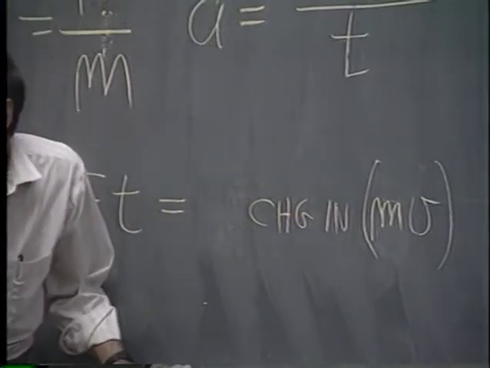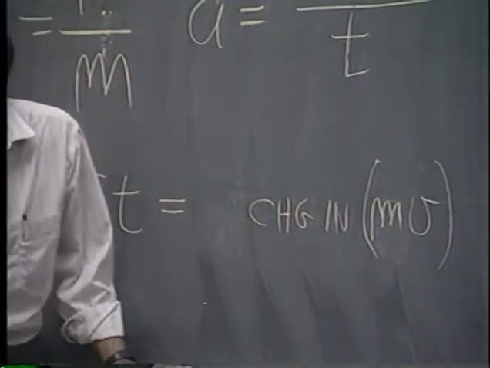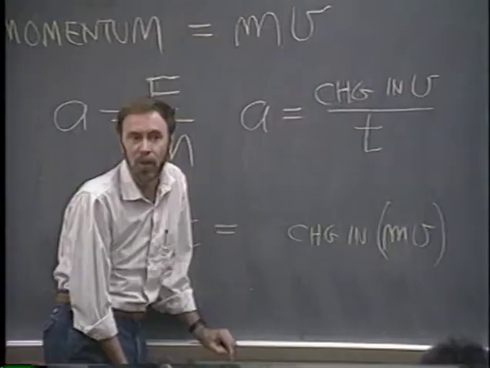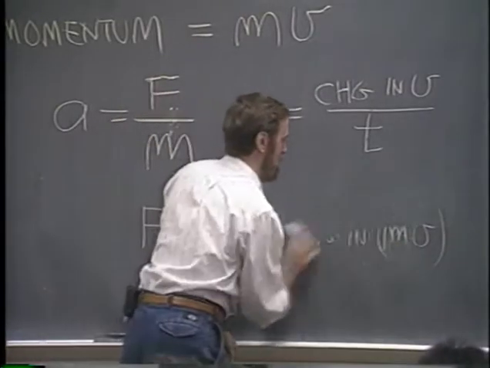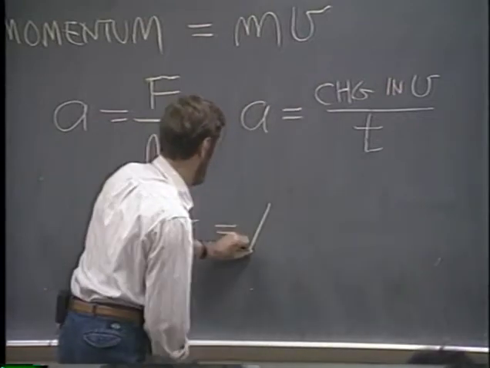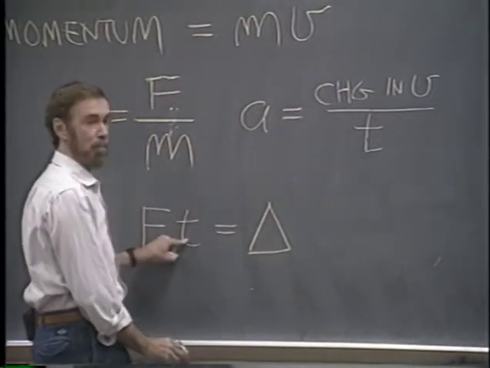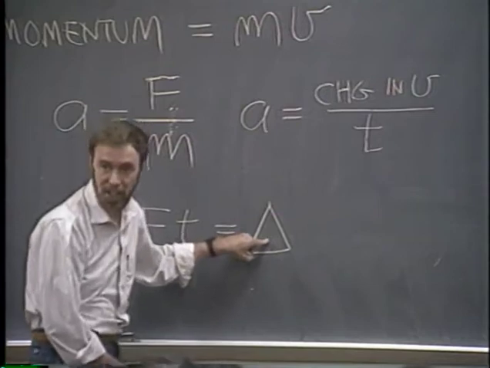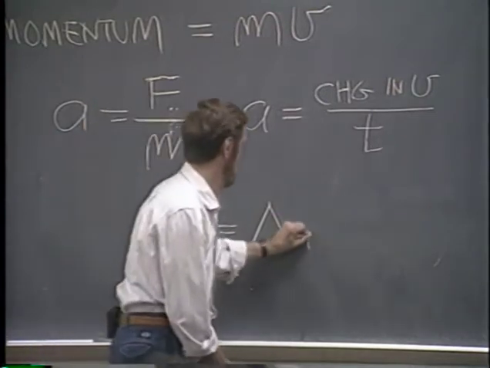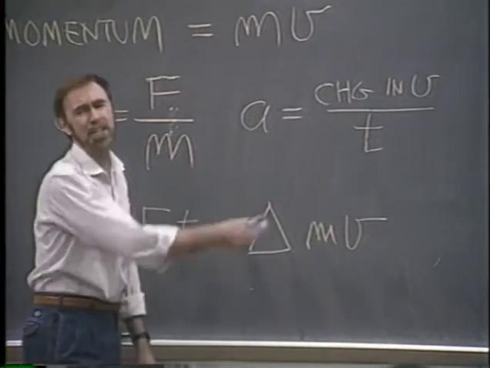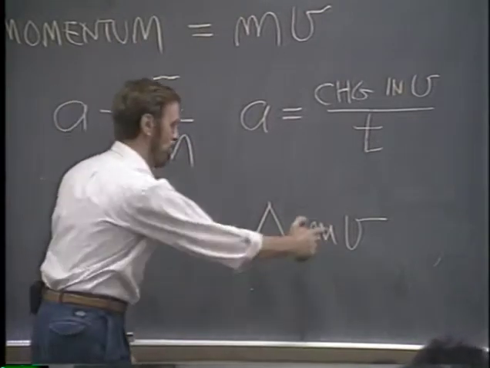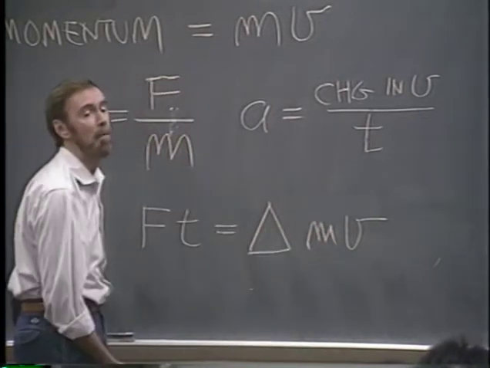I'm not going to write change in anymore. I'm going to use a Greek symbol for change in. What's the symbol, gang? Delta. That's right. So I'm going to write that from now on as F multiplied by t equals delta mv. This is what we're going to talk about today. So this delta mv, that's delta momentum.